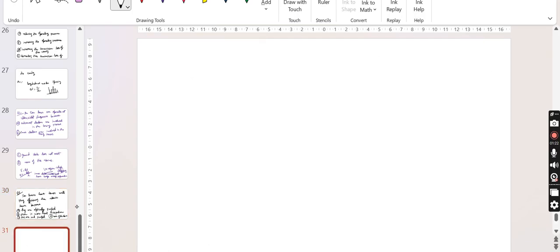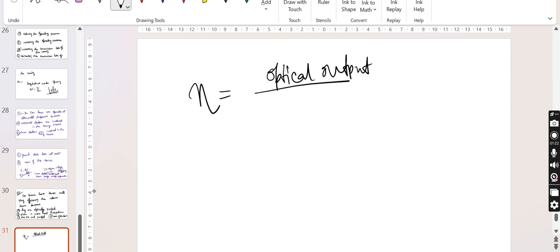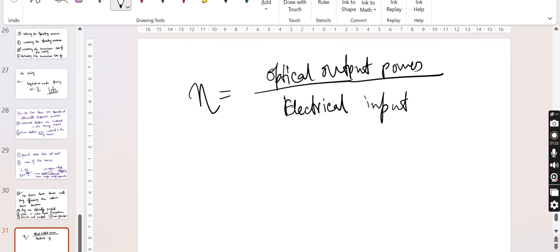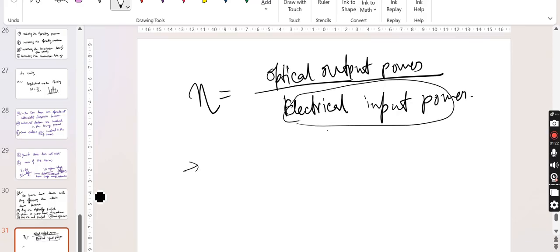So, as I have said, this is the efficiency, optical output power versus electrical input power. Some of the electrical input power goes into the ionization.